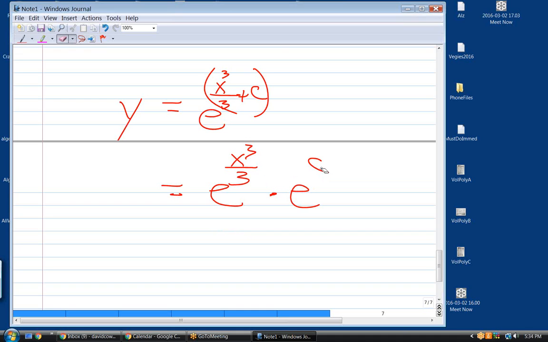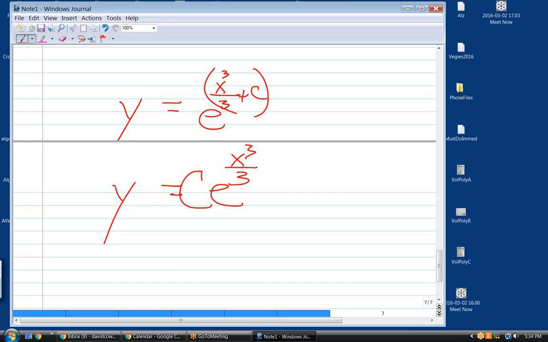And what happens is this e to the c is just a number, because e is a number. So e to the c is the same thing as a c. I can replace that whole thing by a c, and now the c goes in front like that. So the c becomes a multiplier, not an additioner.